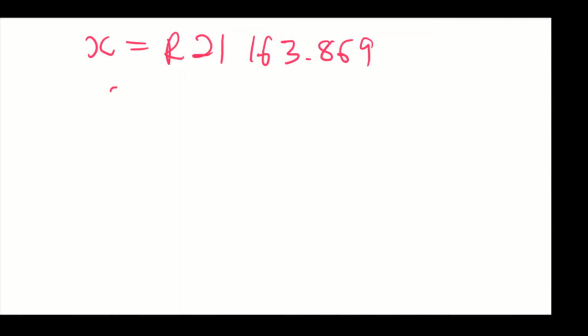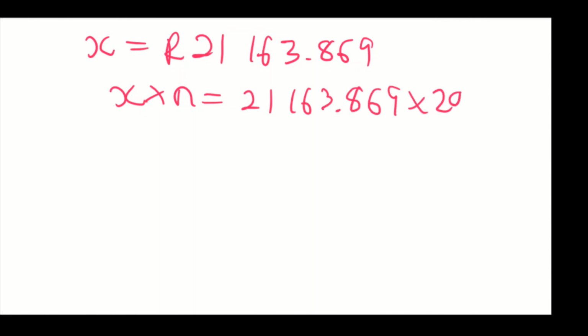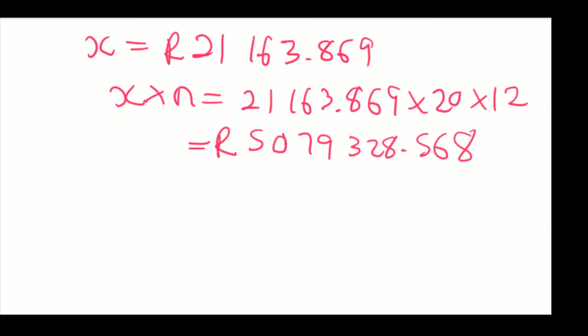So it's going to be x multiplied by n, which equals 21,163.869 multiplied by 20 years multiplied by 12, because he is going to pay monthly. So then you're going to get 5,079,328.568. So this is the amount that he is going to be paying.